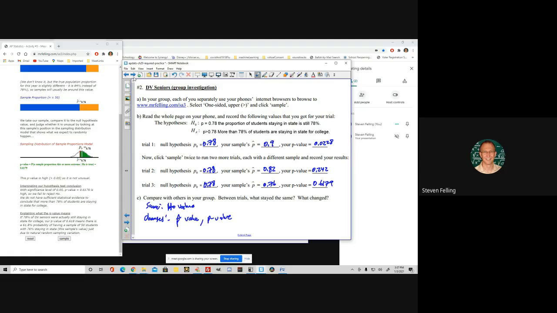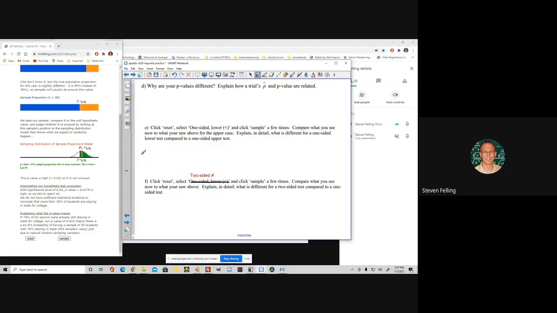Okay, and then if we continue through the questions, it says, why are your p-values different? You could pause the video and take a second and think about this, right? Why are they different? I would say the reason why they're different is because each sample is different, right? The p-value is based on that. And how are the p-hat and the p-values related?